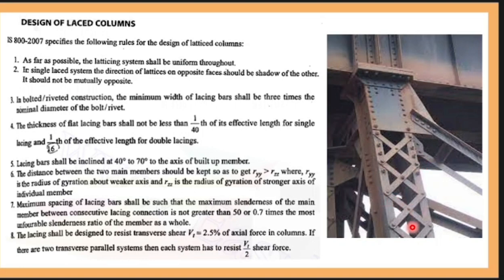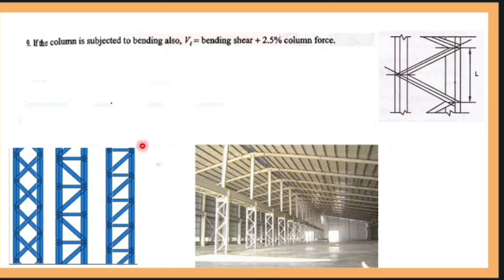If you provide two lacings, you can divide for each. If the column is subject to bending, Vt will be bending shear plus 2.5 percent of the column force. You have to find the bending shear plus 2.5 percent of the column force, which is already dealt with in clause 0.8. V is known as shear. If it is purely axial, you can take 2.5 percent of the column force. If additional force is there, you have to consider that.